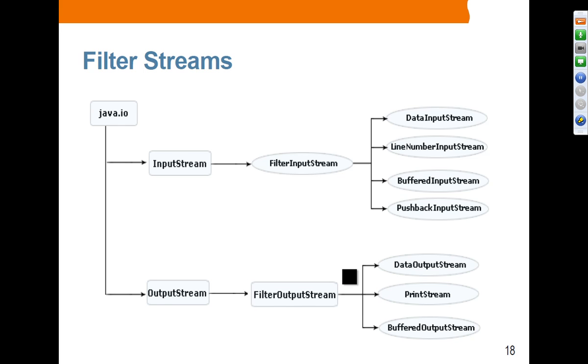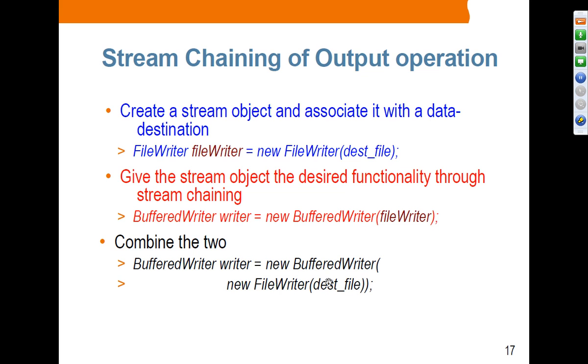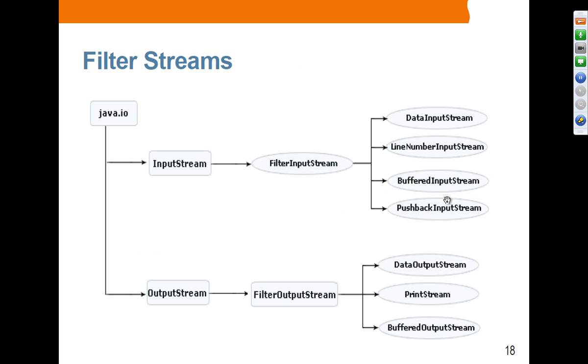So filter streams are the ones that perform this wrapping. We see examples of buffered writer or buffered reader. This is the stream case, but we also have a corresponding case for the writer.